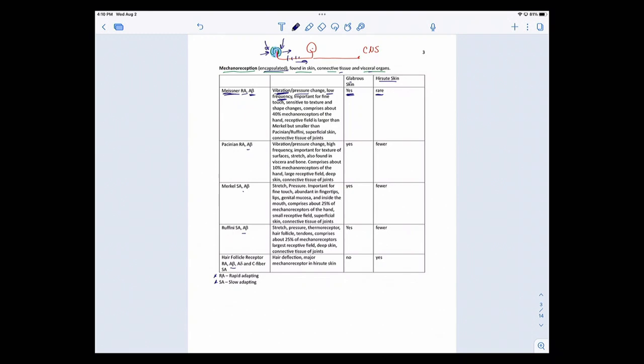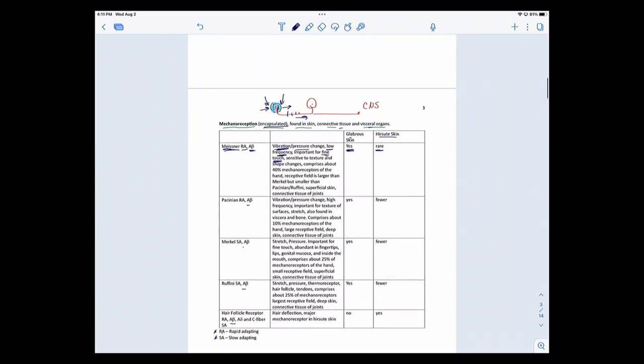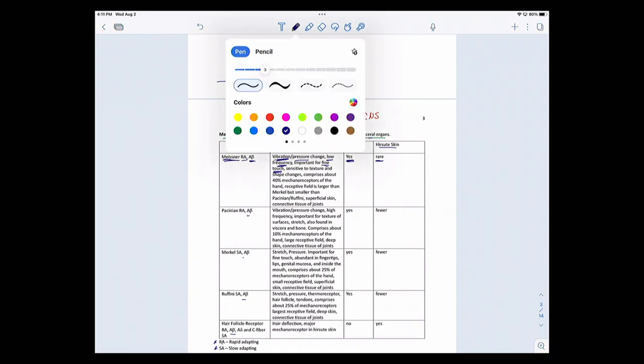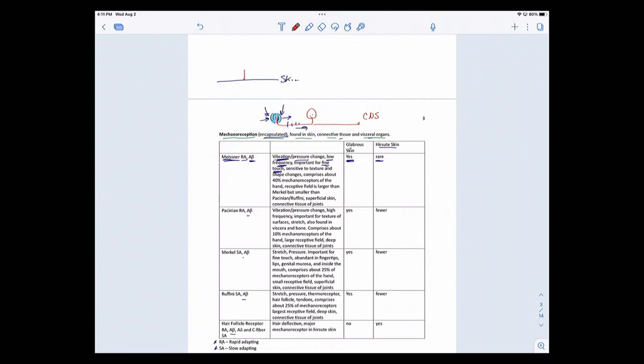Meissner corpuscles are very important for fine touch. So let's talk about what fine touch is. Fine touch is how good you are at discriminating where you're being touched. Let me give you a few examples. Imagine that I have some skin, and imagine that I am touching you with a sharp object, maybe right there.